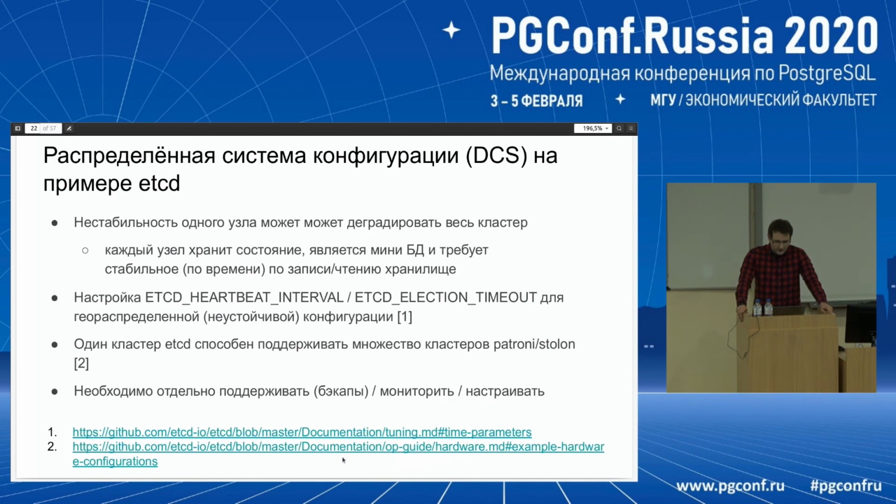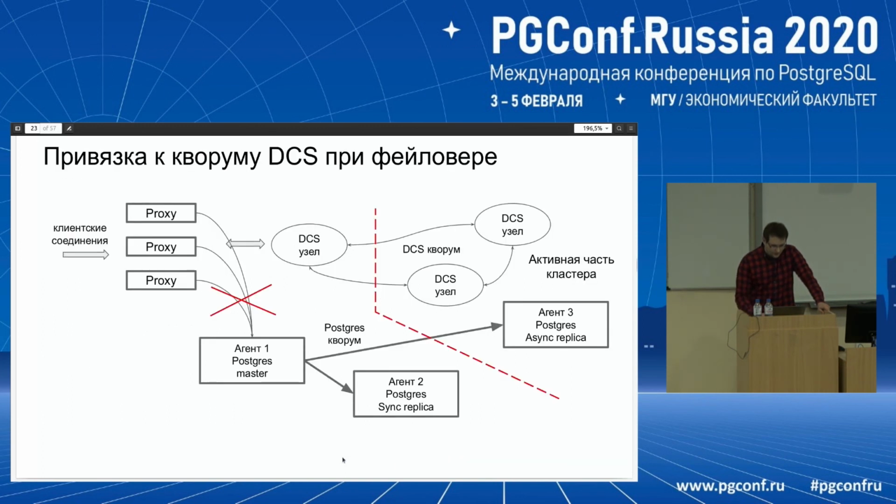Also, it is crucially important to understand that etcd should be maintained and monitored and backed up, and you would probably require special people or even a special team to do it. Also, you can use this cluster for other clusters. So this is how we do it in private clouds, in individual clouds.